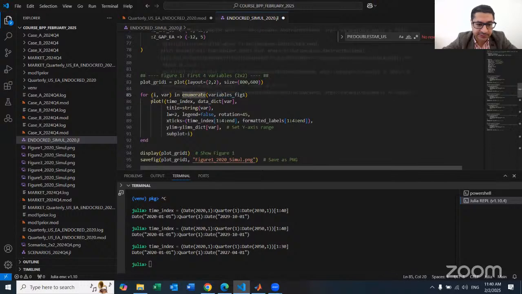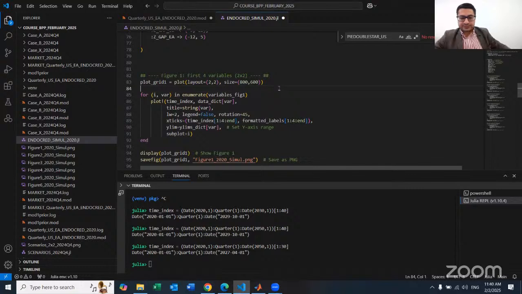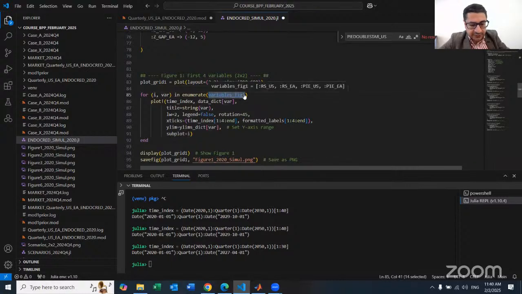It's very similar to MATLAB. You can manually create all subplots inside the figure, or you can do it by loop. Here, for example, we are using a for loop, again similar to MATLAB. We are saying use the list of variables in fig1, which we defined.